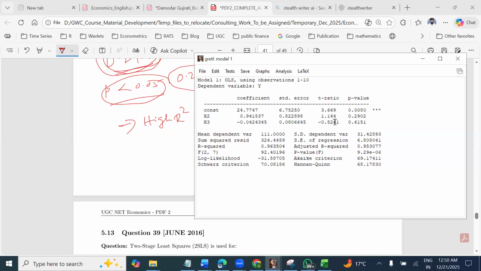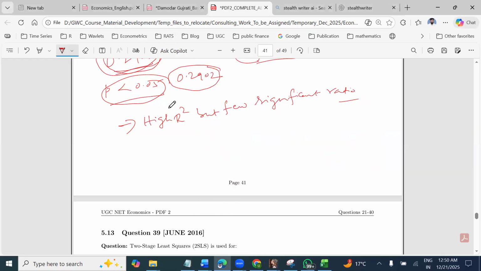So detection, this is one detection. In case of a multicollinearity problem, you will find a very high R-square value of the regression and less statistical significance for individual coefficients. First is this. This is how you will detect.